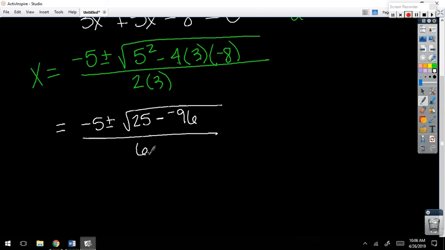I'm going to change it in just a minute, but I'm taking it step by step. If it's easier for you to do this, then do that. All right, look. Use your calculator. What is 25 minus negative 96?